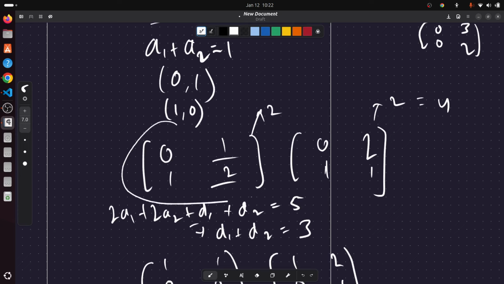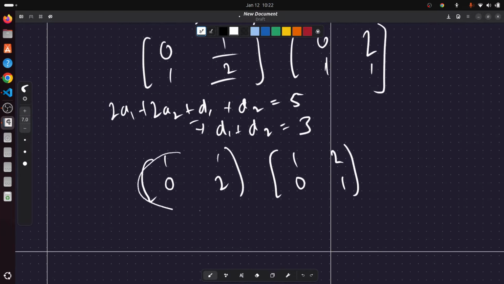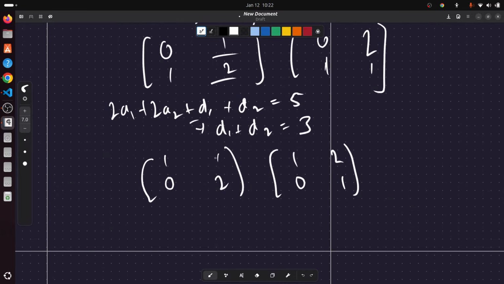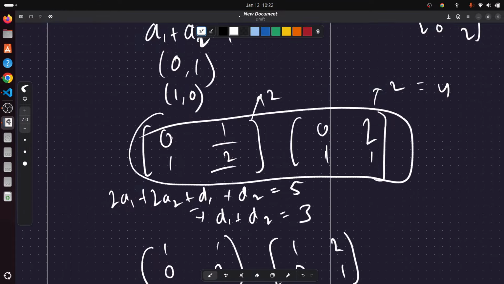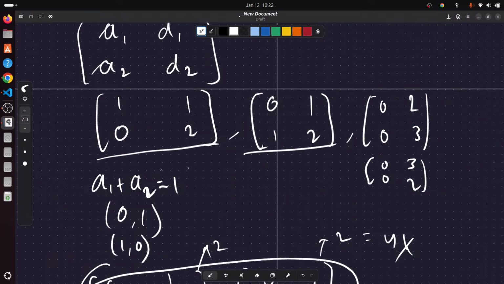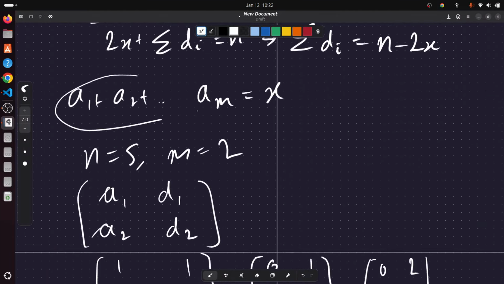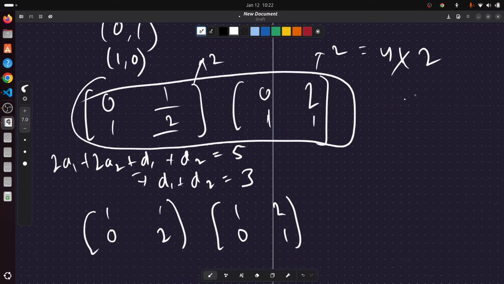So for 0, 1 we have these two possibilities for Di, and for 1, 0 we have these two possibilities, and they are the same actually, the Di values are the same for both of them. So I can simply find the required sum for one of them, and I can multiply it by the number of ways to break this x value into A1 to Am, right? So in this case 4 into 2, which is equal to 8.